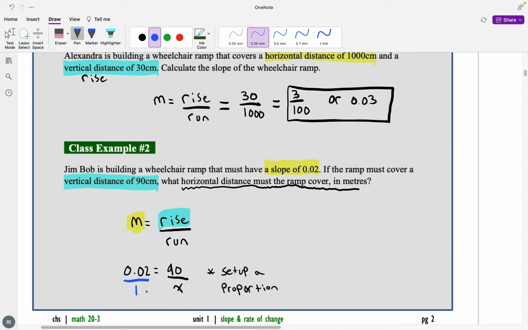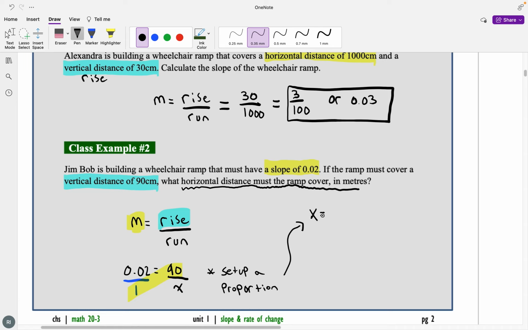We make the left side a fraction divided by 1. We've gotten quite good at this point. Multiply the values on the diagonal and then divide by the leftover value. So let's do that work over here.